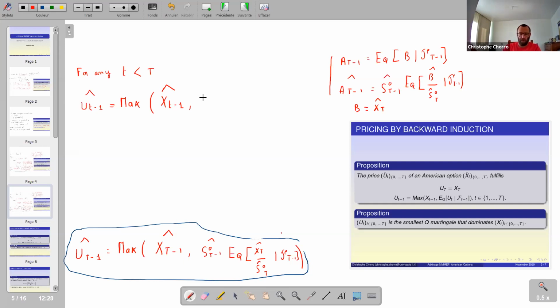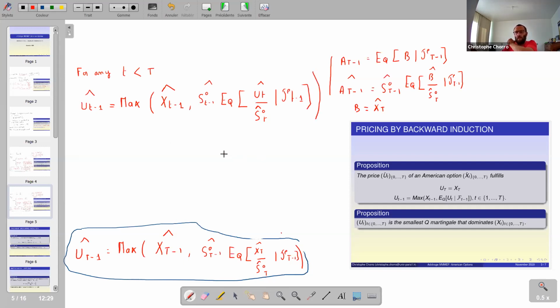And so you have here S0 t minus 1 expectation under Q of U t over S0 t given F t minus 1.